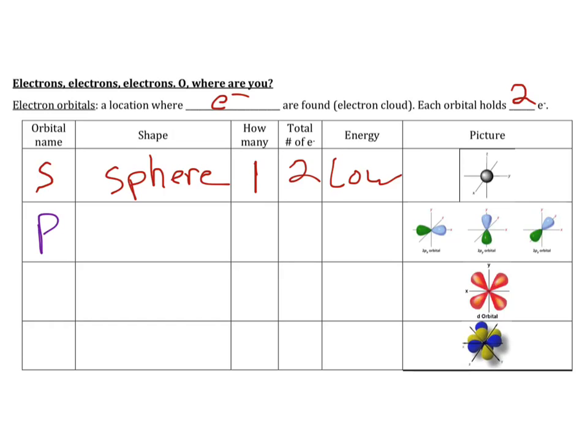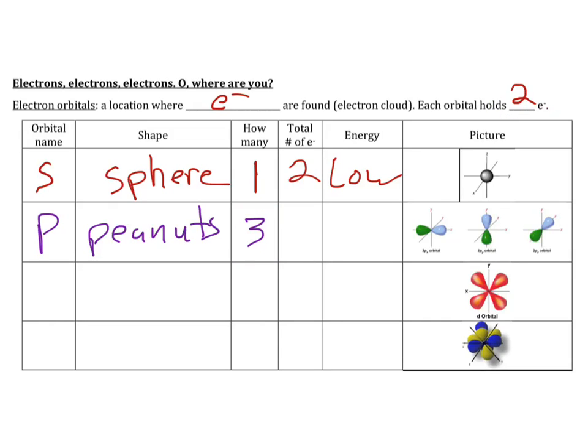The next type of orbital they're called p orbitals. P orbitals are shaped like peanuts. Now, s orbitals have 1 orbital, p orbitals have 3 orbitals. Well, how many total electrons? Well, each orbital can hold 2 electrons. So how many total electrons can go into those orbitals if there's 3 orbitals?